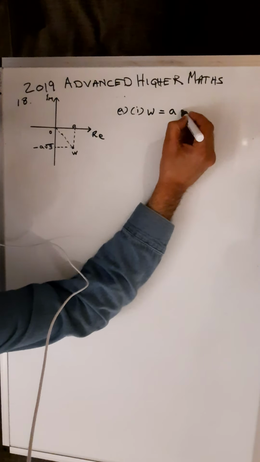Now you're on b. The complex number Z1 is a root of Z cubed equals W, where Z1 is equal to k times cos pi upon m plus i sine pi upon m, for integers k and m.